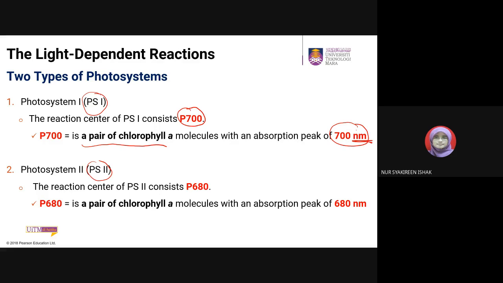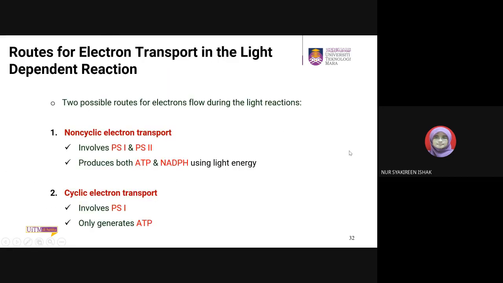As for photosystem 2, the chlorophyll A is called P680. Why? Because it absorbs light energy in the range of 680 nanometer. So both are in the range of red light lah, kat situ. Okay. So, routes for electron transport in the light dependent reactions. So there are two possible routes of electron flow through the light reaction.